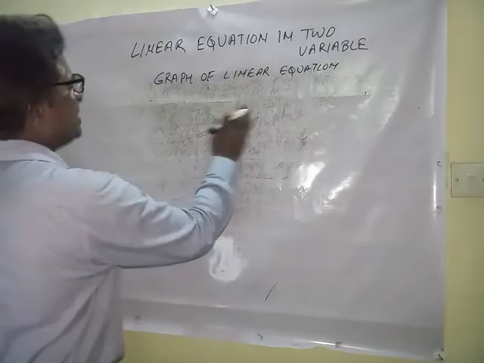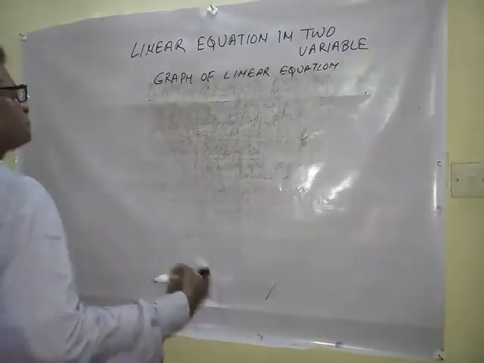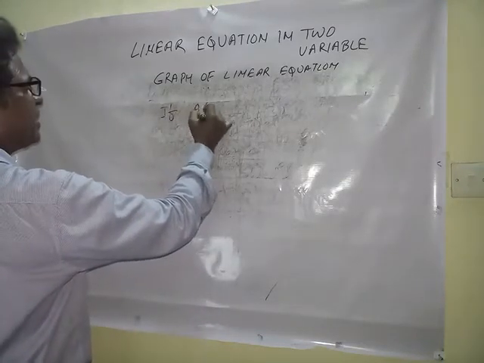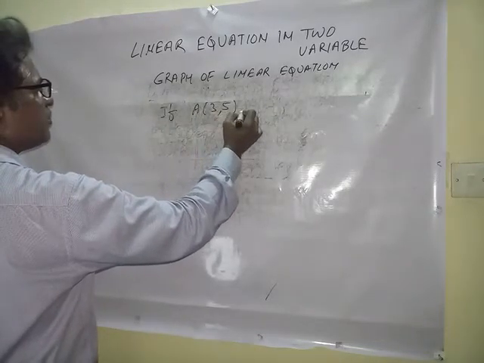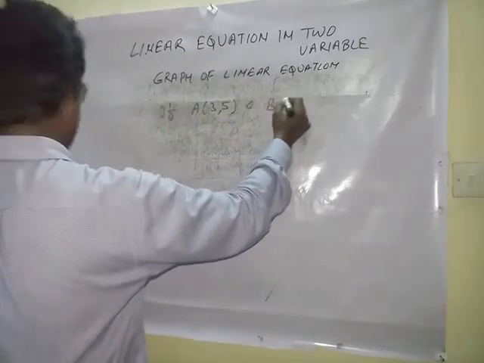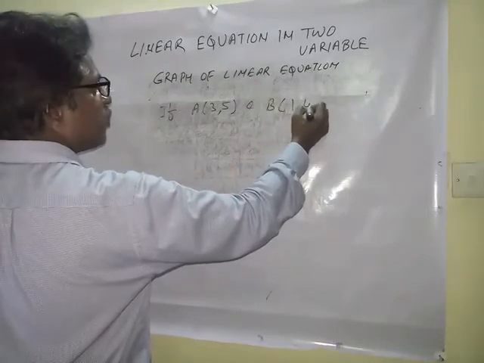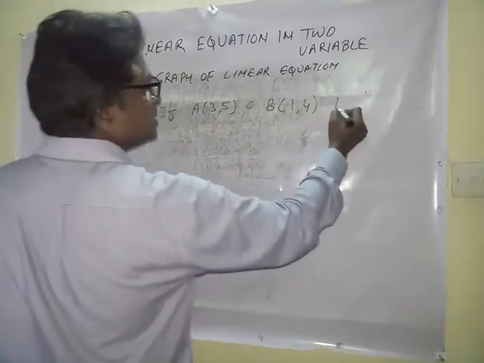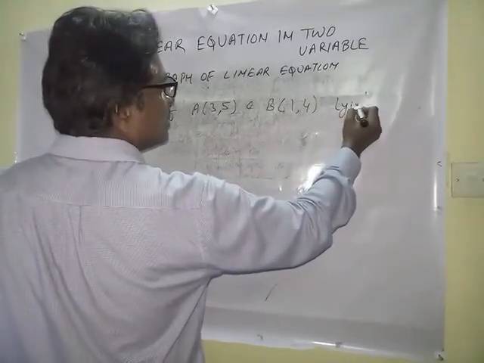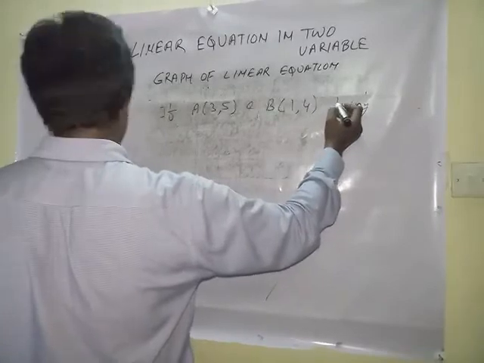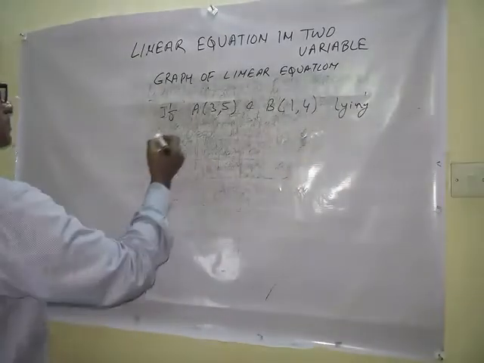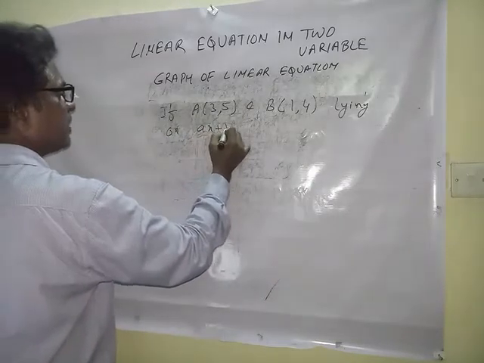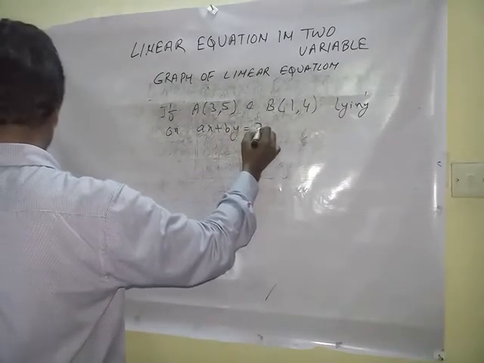Like there are various things. If A, whose coordinate is 3, 5, and B, whose coordinate is 1, 4, are lying on, that means it is a solution of ax plus by is equal to 7.